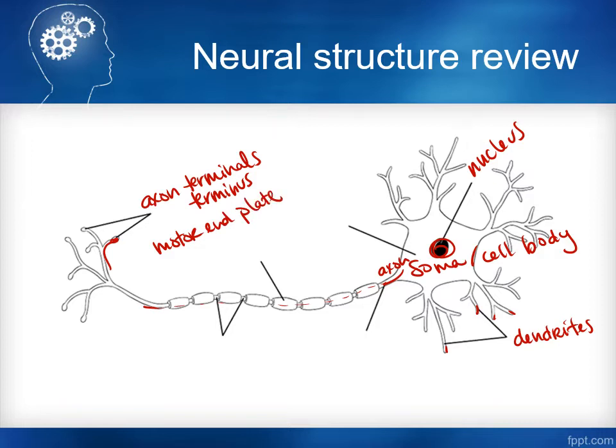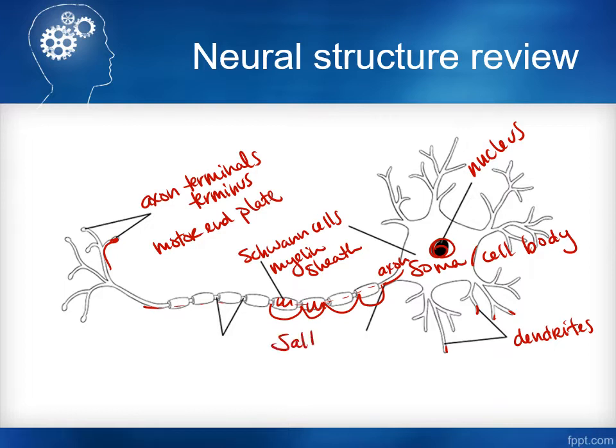Along our axon, we have these chunks of cells. These cells are Schwann cells, and they make up the myelin sheath. Remember that the myelin sheath allows for nerve impulses to jump, jump, jump, jump. That speeds up the rate of our nerve impulses.